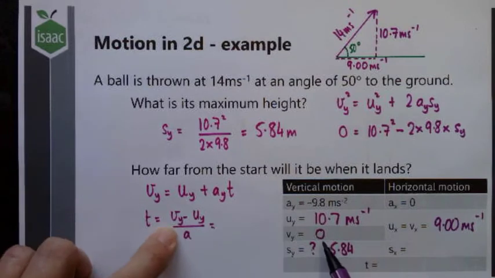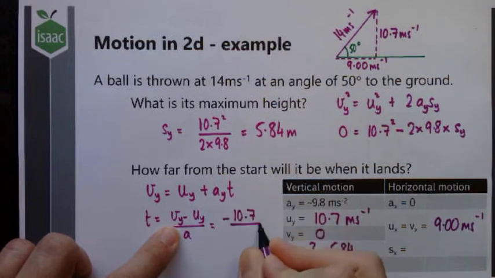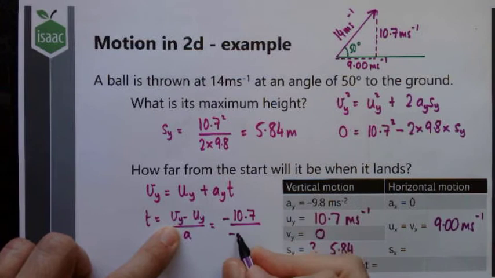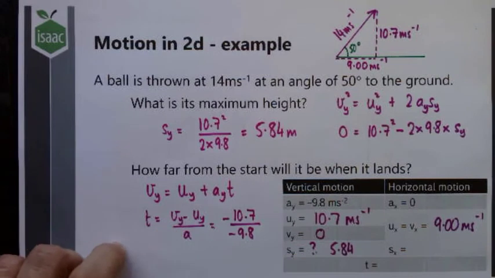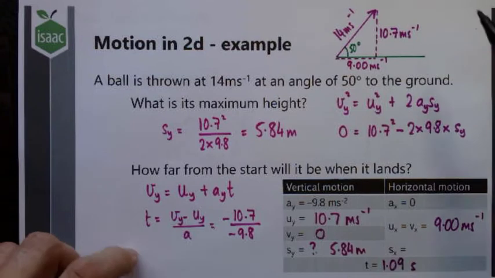Here vy is 0, so negative uy is going to be negative 10.7, and the acceleration, as we know, is negative 9.8. If I work that out, I get a time of 1.09 seconds taken to get to the top.